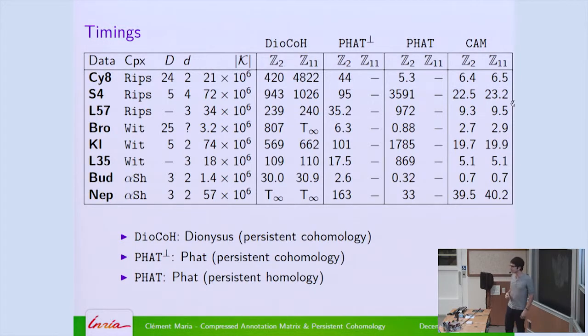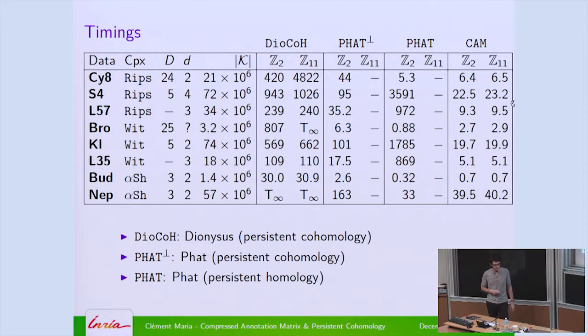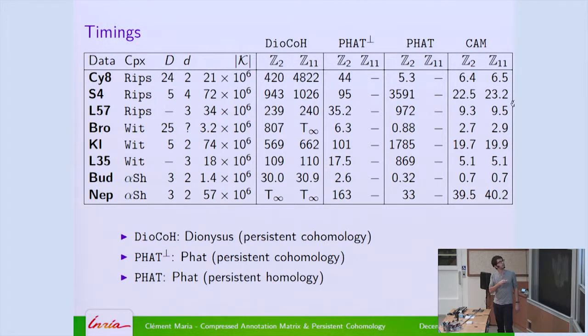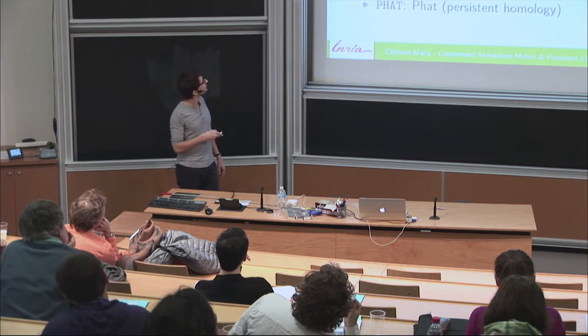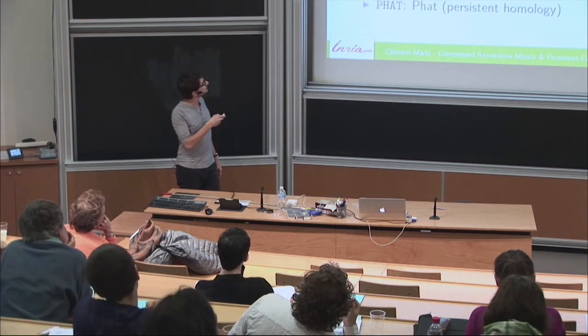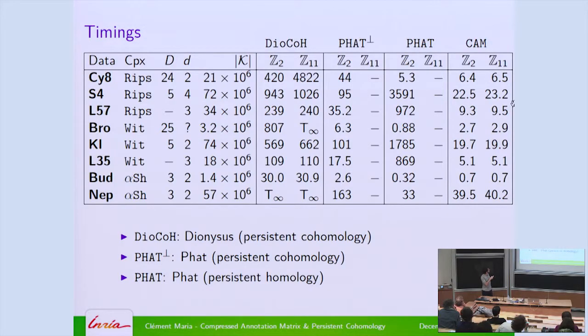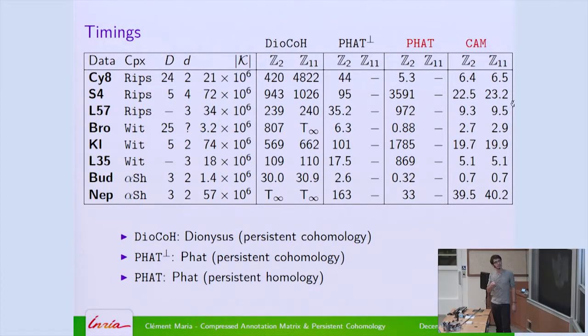So these 3 implementations are the most efficient you can find. And we have used, as you can see, a wide range of real value data and natural data of big size. So you get millions of simplices every time, and different kinds of construction: Rips complexes, witness complexes, alpha shapes. And CAM is the compressed annotation matrix.